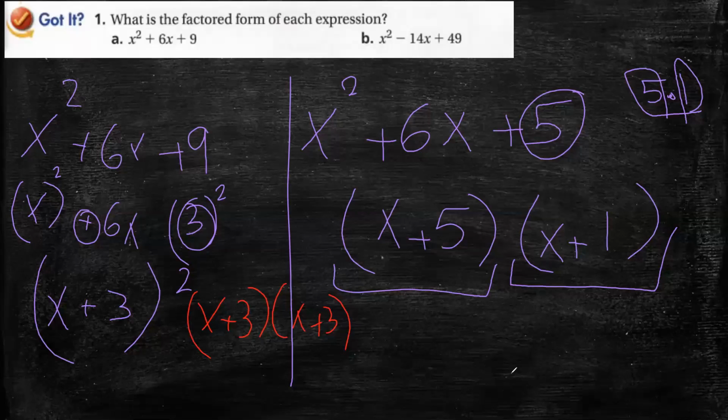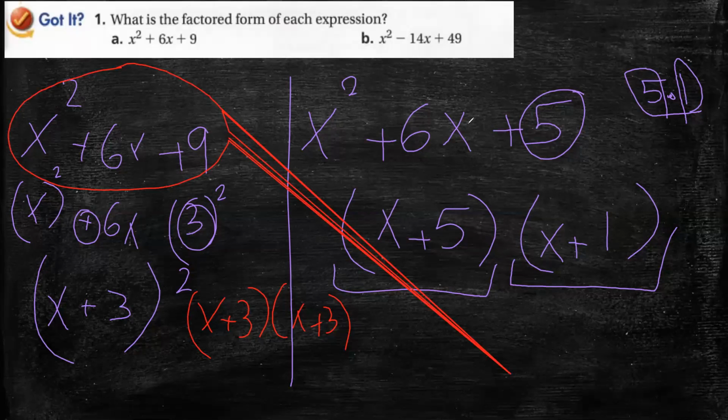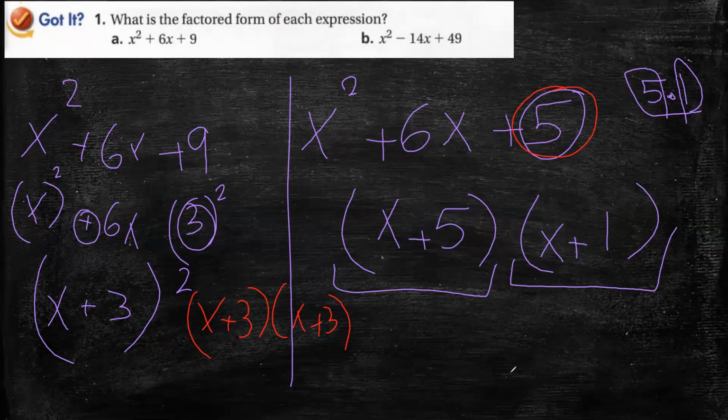So if I have a perfect square like x squared plus 6x plus 9, that means I can write it into x plus 3 times x plus 3, two factors which are the same. But since number 5 here is not a perfect square, I can also factorize it, but not with the same factors. Is it clear? Yes, teacher. Yes, miss. Okay.